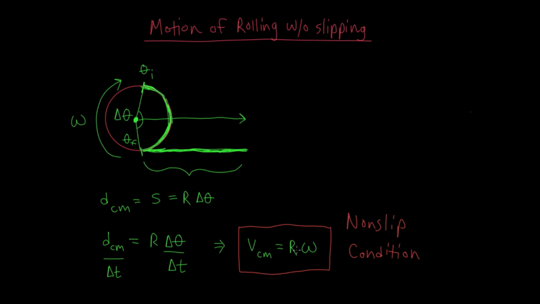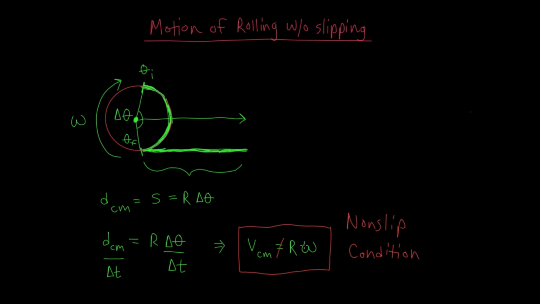And so let's say that this equation was not satisfied. Let's say that the velocity of the center of mass did not equal the radius times the object's angular velocity. That means that the object would not roll without slipping.